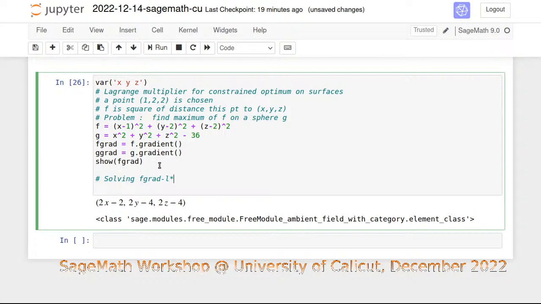L into g gradient equal to 0, in terms of x, y, z.